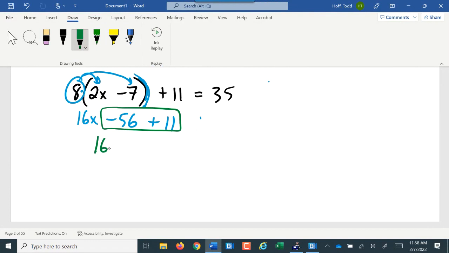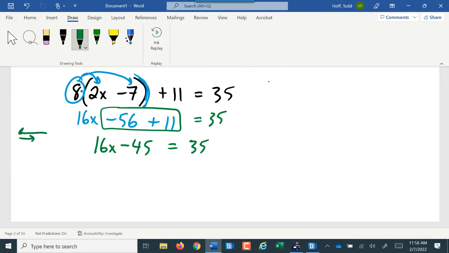So the 16x isn't affected. Negative 56 and positive 11 gives us a negative 45. On the right side, there's nothing to do, so the 35 has not changed at all. We have combined everything we need to combine.